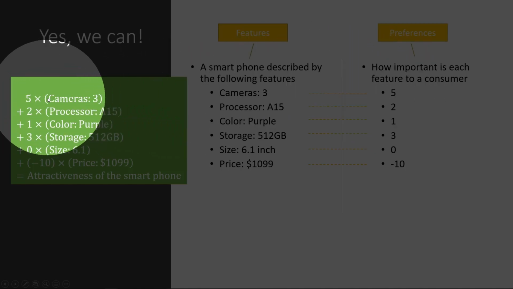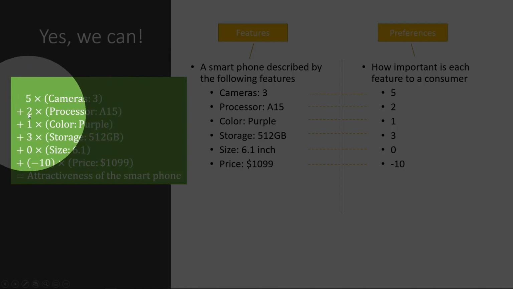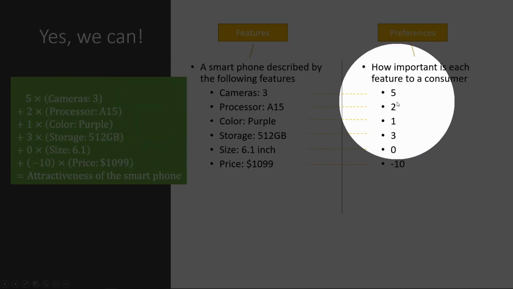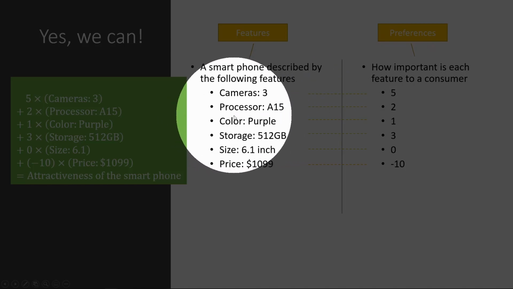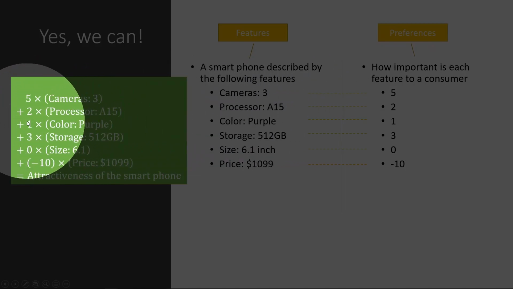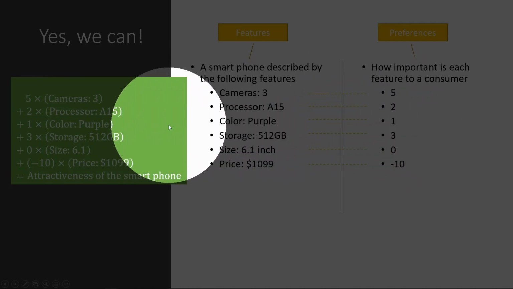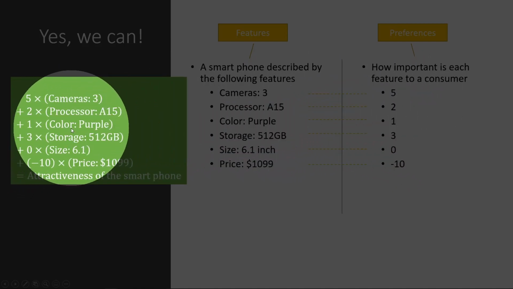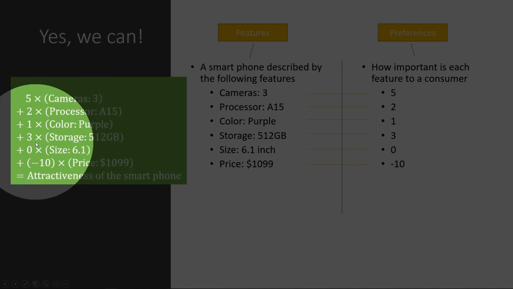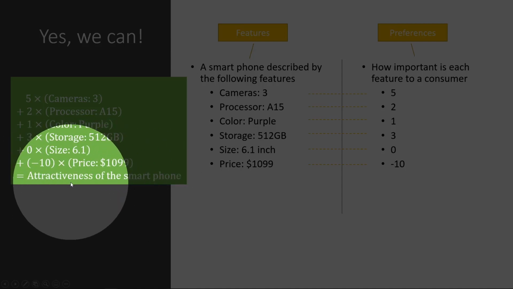So we have 5 times that the camera is 3, and then similarly 2, the preference for the processor being A15, and then color, so the preference for color purple multiplied by the specification of color purple. And similarly, we do this to storage, size, and price. So this would give us the attractiveness of this specific smartphone.